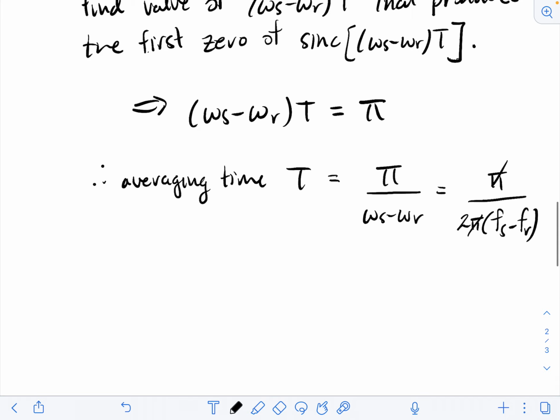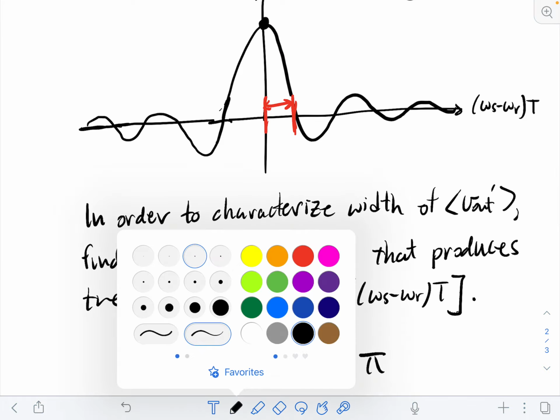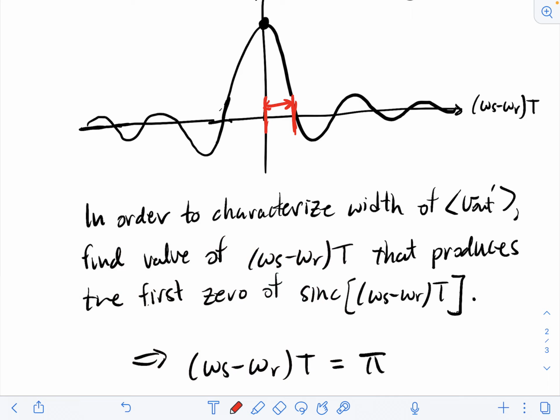And so T, this averaging time, is related to the range of frequencies by 1 over 2 delta f. Right now what we're calling delta f is our range of frequencies, and twice that is the full range of the values.